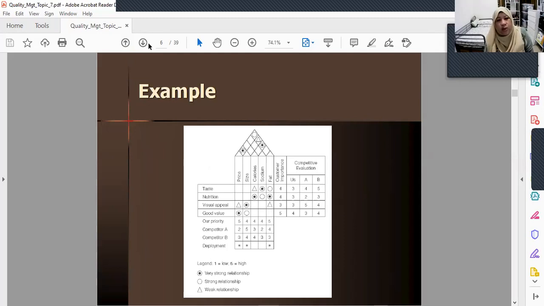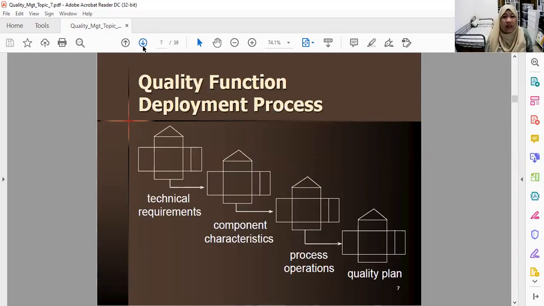Alright, so we're moving on to the quality function deployment process. You can see here the symbol of this house. This is the house of quality, the quality function deployment. You can see they have technical requirements here, and component characteristics.